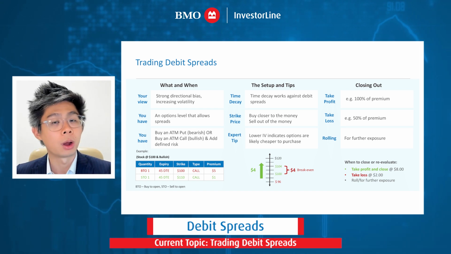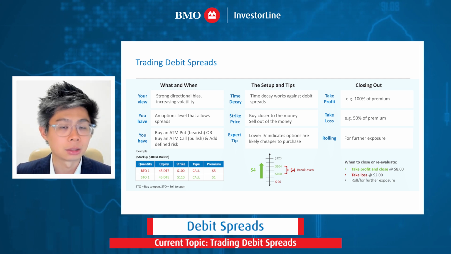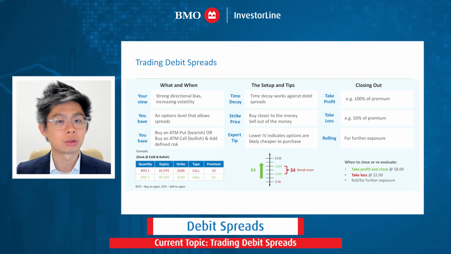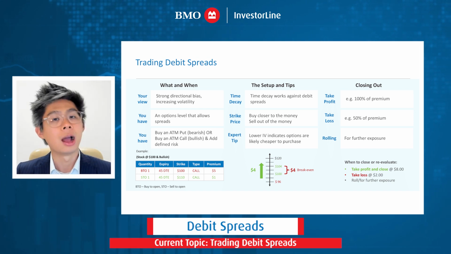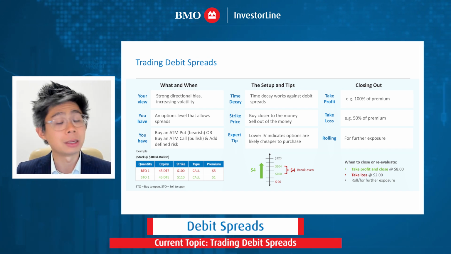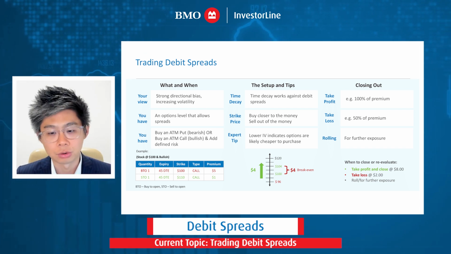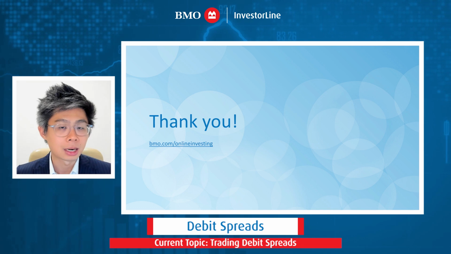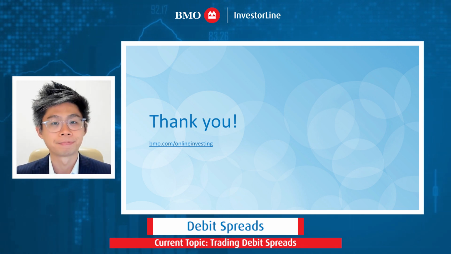So maybe you might want to buy the 210 call option and maybe sell the 230 call option against it. You're always generally recentering the strikes based on where the stock is trading at the time that you're rolling it, and then moving it out further in time based on how much time you think you might still need on this specific trade. So those are some tips that I have with regards to trading debit spreads overall.